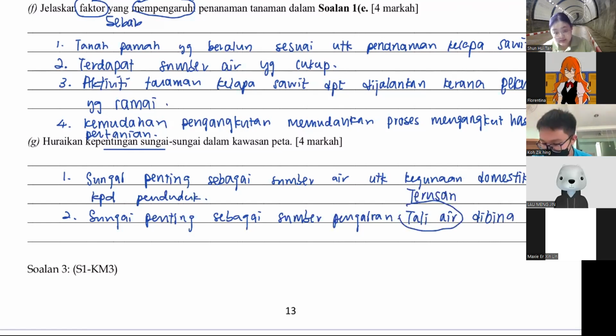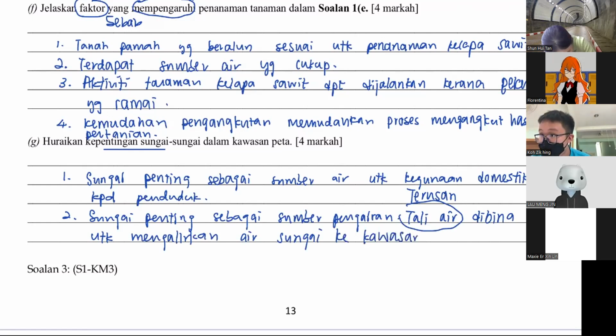They built a longkang, they built a canal, right? Untuk mengalir air ke kawasan pertanian. Okay, so inside here is 2 marks on 1 point, right. That's why your 4 marks is like this. Okay, are you good? Shall we move on some more?